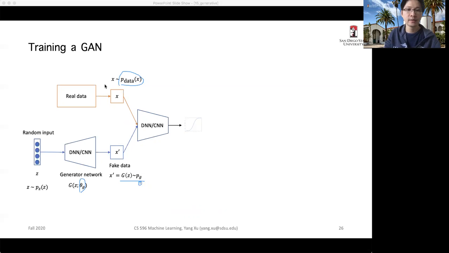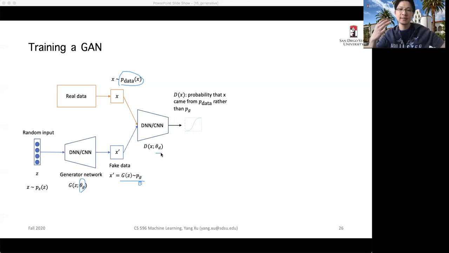The discriminator also comes with a parameter theta of D. The output of the discriminator is the probability that X came from P data rather than the fake distribution P of G.